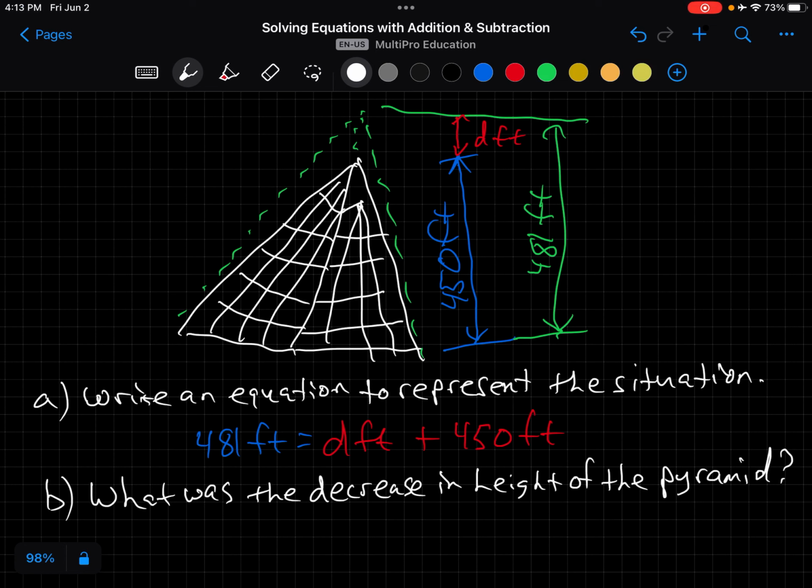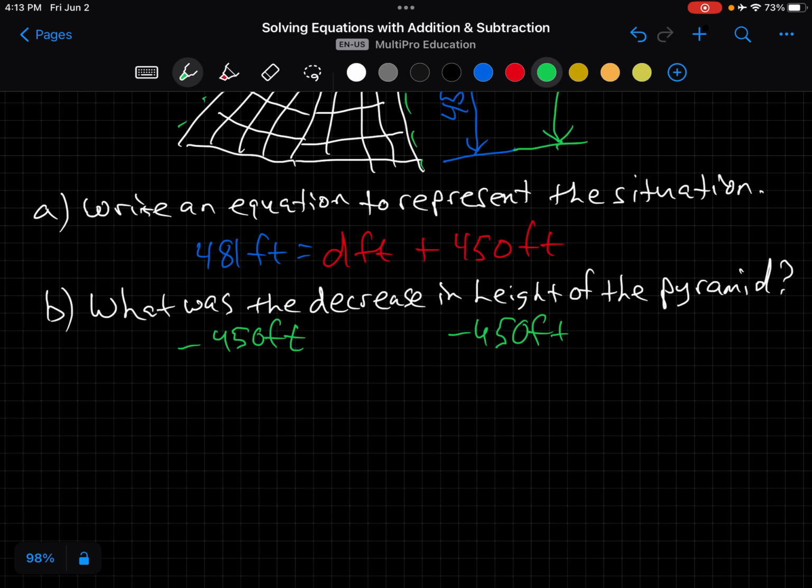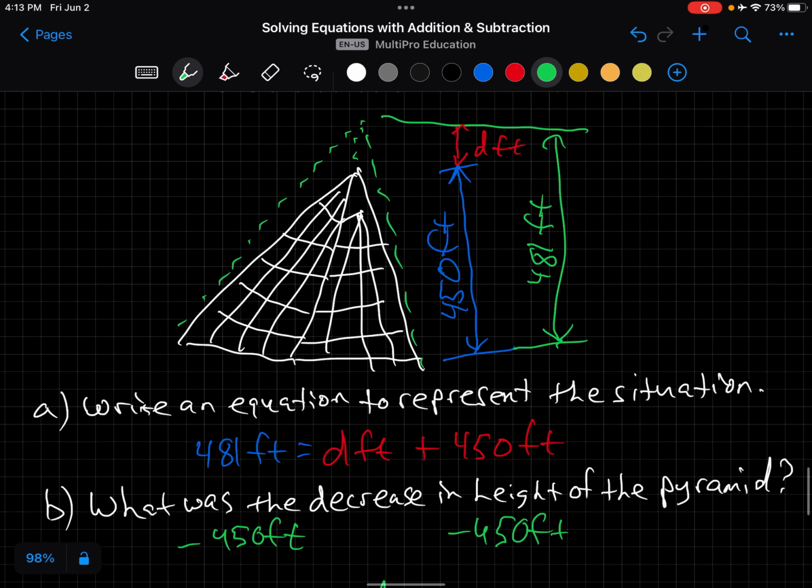I think we can solve this from this equation that we wrote. So if we subtract 450 feet from each side, then we get 31 feet is equal to d. So that pyramid has shrunk 31 feet.